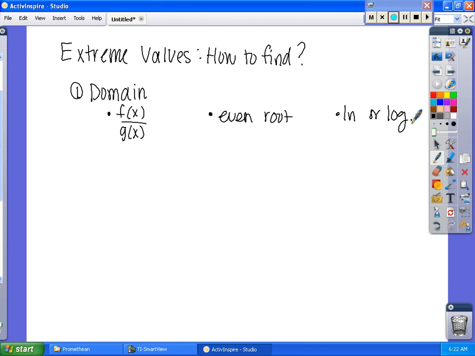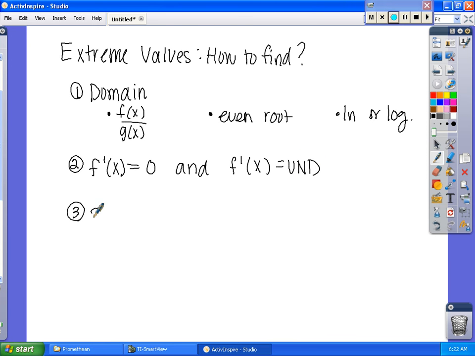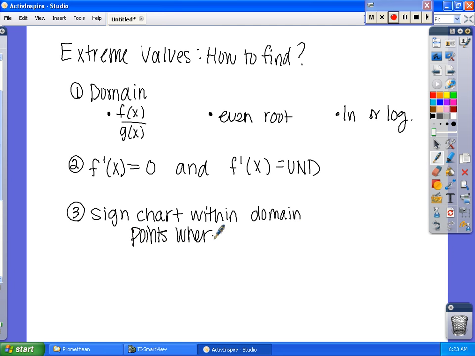Second thing we do is find f prime of x and set that equal to 0. And we also find where f prime of x is undefined. Third, we set up a sign chart within the domain. The sign chart includes all of the points where f prime of x equals 0 and f prime of x is undefined.